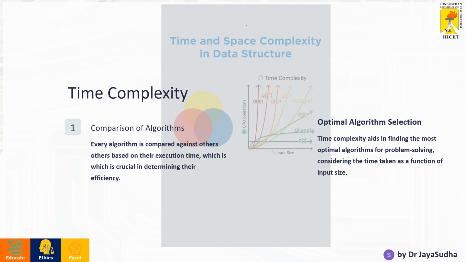A data structure with lower time complexity for essential operations is generally preferred, as it indicates faster execution and better performance, especially for large data sets or time sensitive applications.